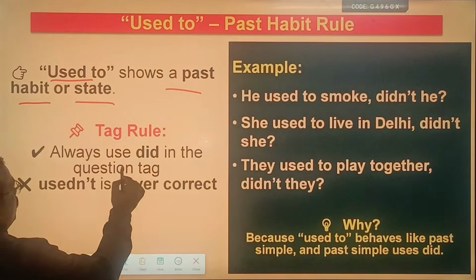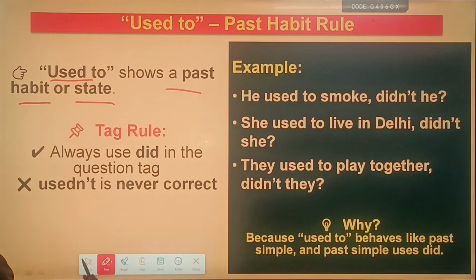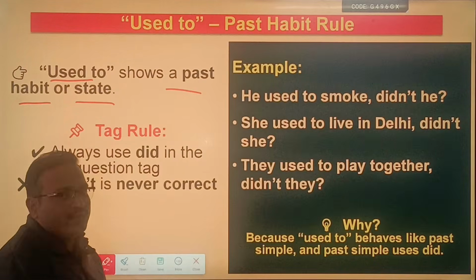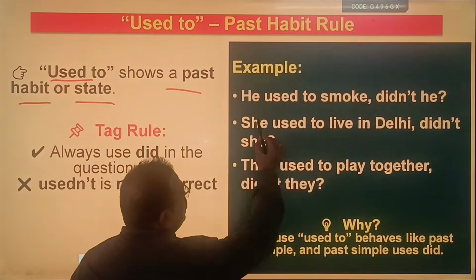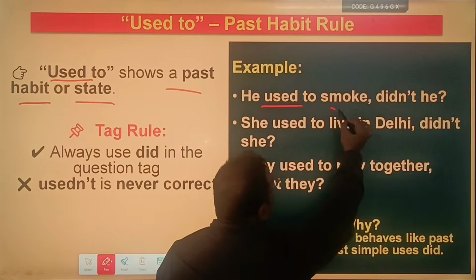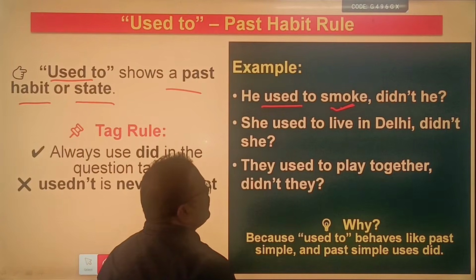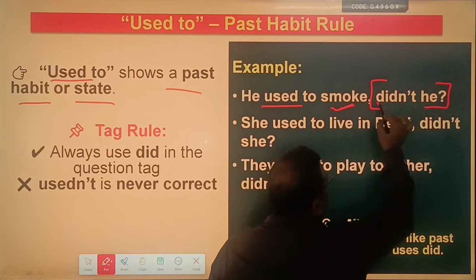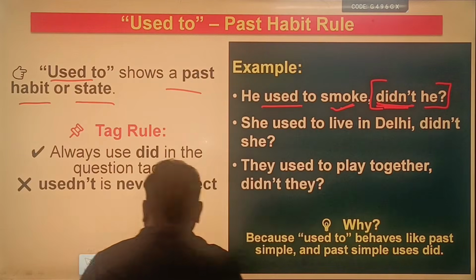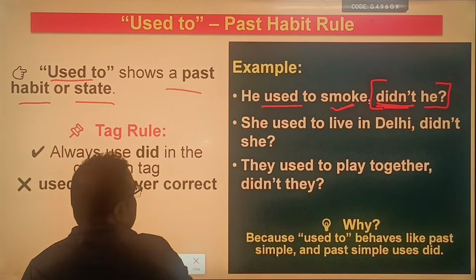So when used to is used in any sentence, what will be the question tag? What is the rule of changing the tag? He used to smoke. So the question tag will be didn't he. We will use this didn't.